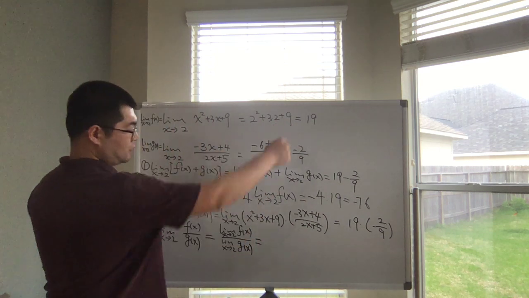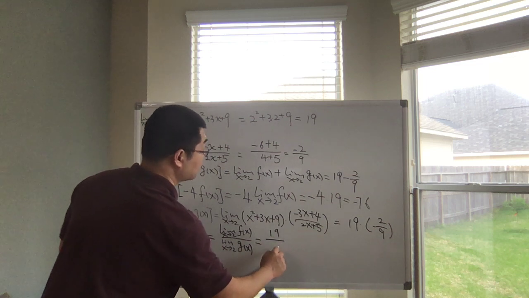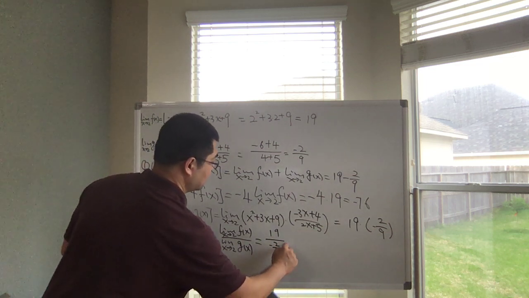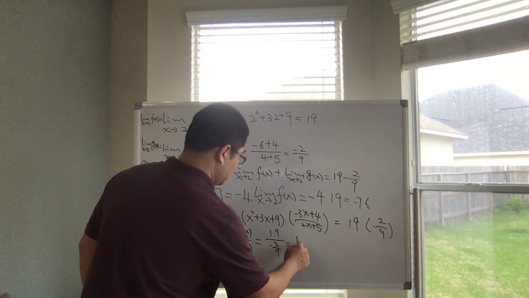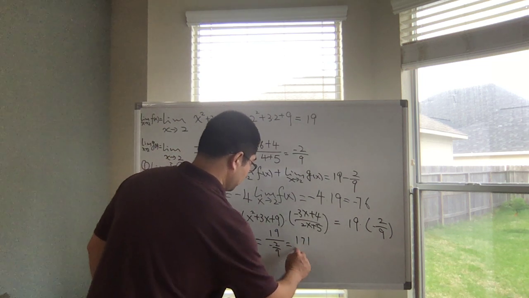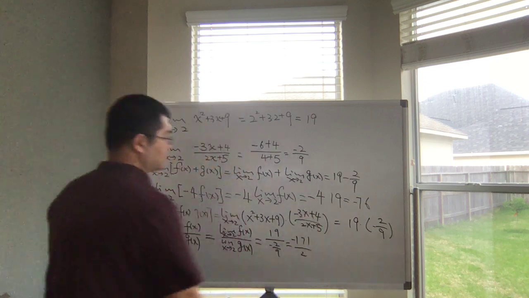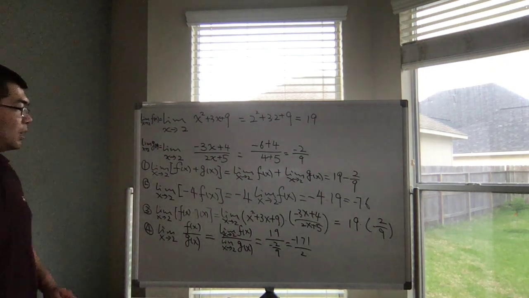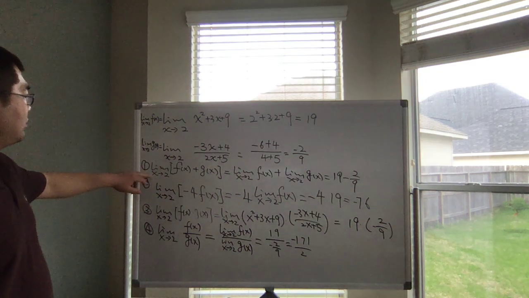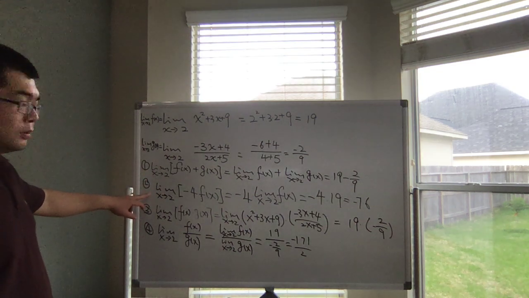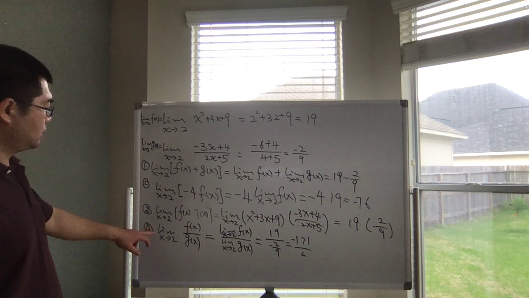All we need to do is replace that with 19 over negative 2 over 9, which gives you negative 171 over 2. So that's sum, difference, constant multiple, product, quotient.